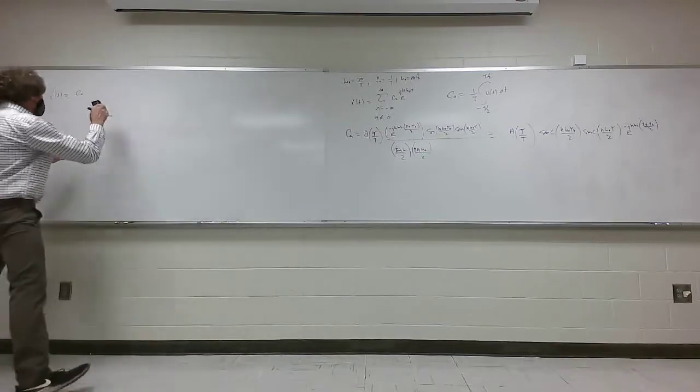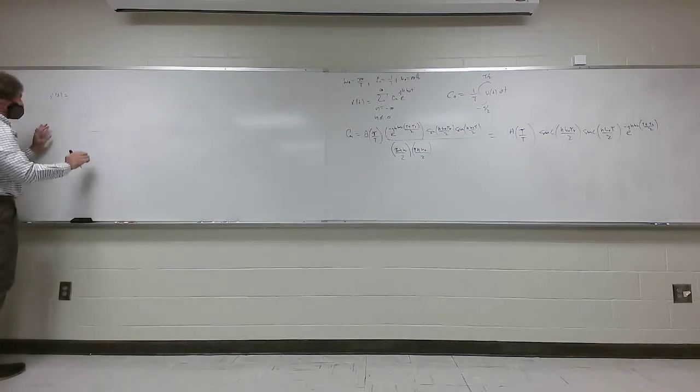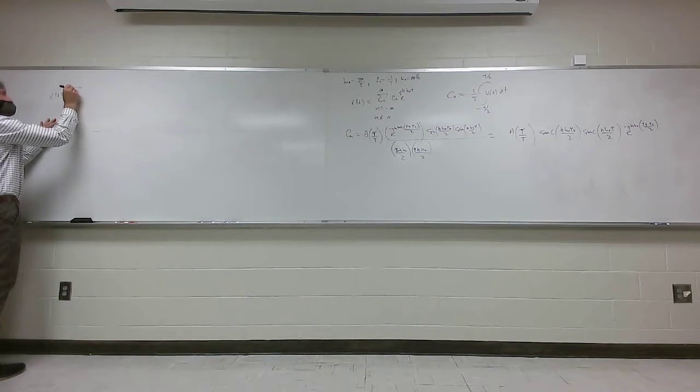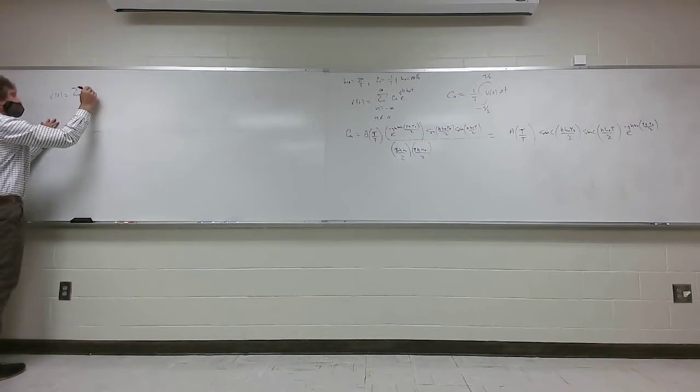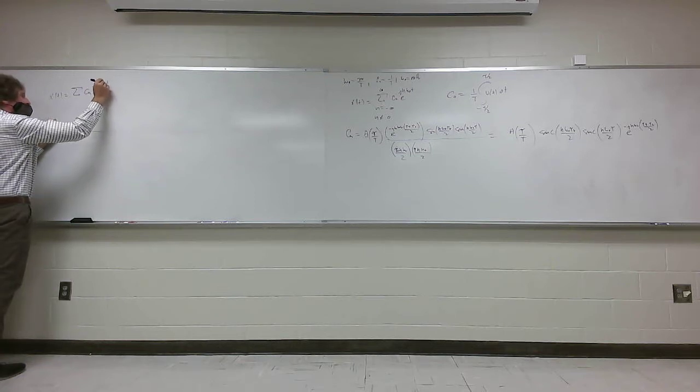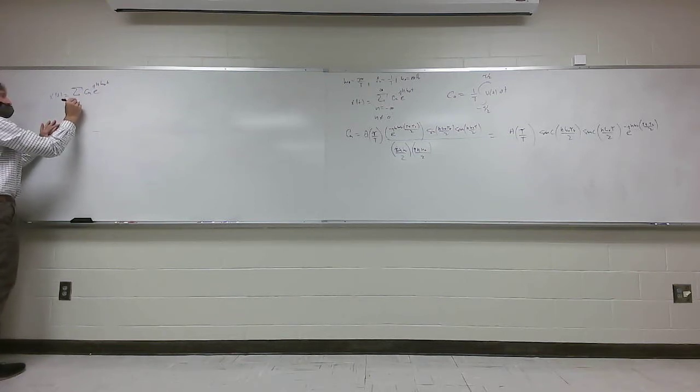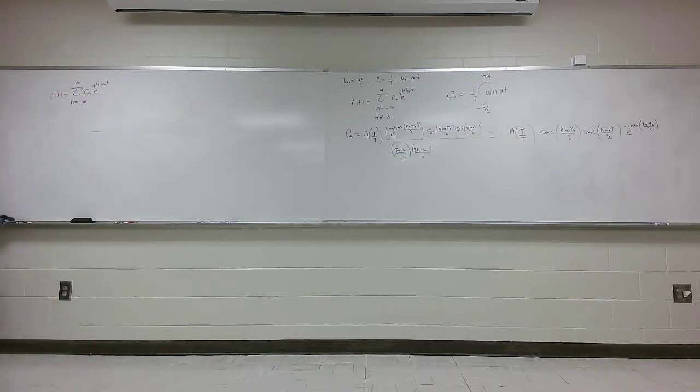I'll just put the whole thing, and I'll show you how you get it. This is going to be equal to the summation of C of n e to the j n omega naught t, n equals minus infinity to infinity. And now, you don't have to write this down, it's in the notes, but at least appreciate what I'm doing. Now I'm going to take this and break it into two series.